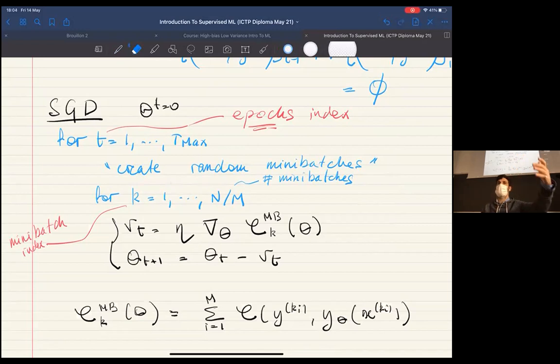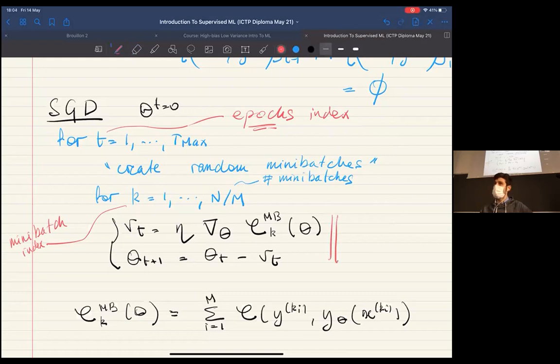Okay, so again, what is the simplest way? You take a random permutation of the data and you cut it into non-intersecting mini batches. And then for each of these mini batches, you compute the gradient.